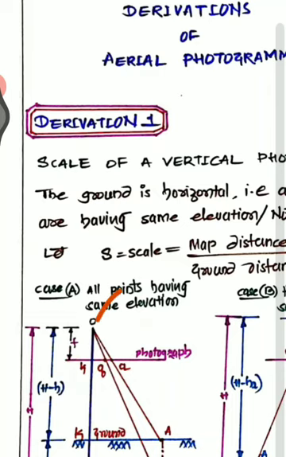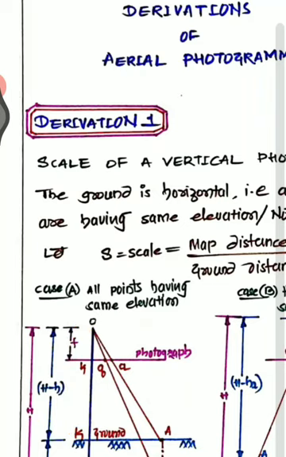Now the distance from O to K is f, whereas the distance between the datum and the ground, this distance, is h. The total distance from the exposure station to the datum is capital H. Now if this is capital H and this is small h, then this distance you can easily get: capital H minus small h.